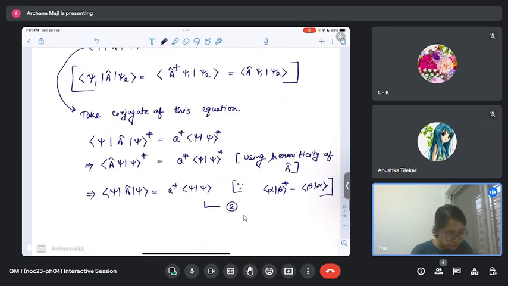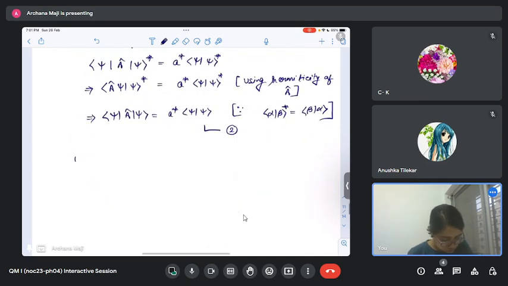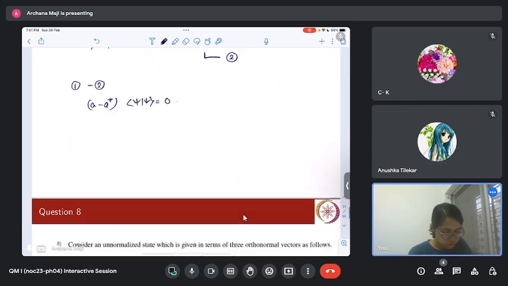So if we subtract these two equations, 1 minus 2 if we do, we get A minus A star psi inner product equal to 0. Since this is a vector, non-trivial eigenvector of A operator, so this inner product must not be 0, which implies A minus A star equal to 0 or A equal to A star.